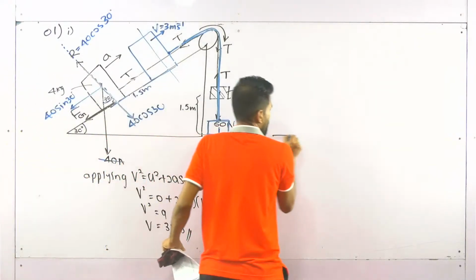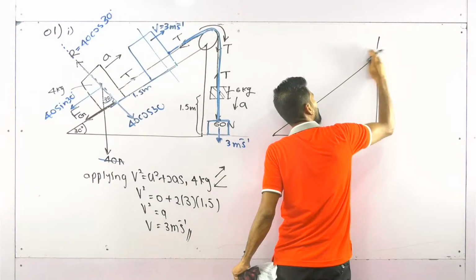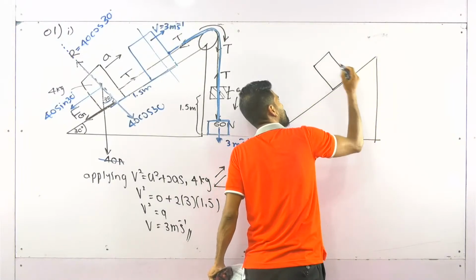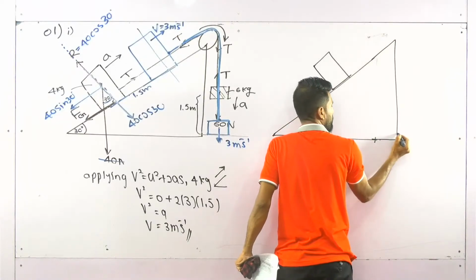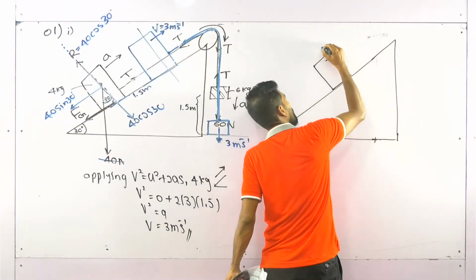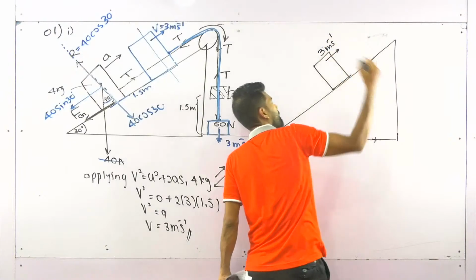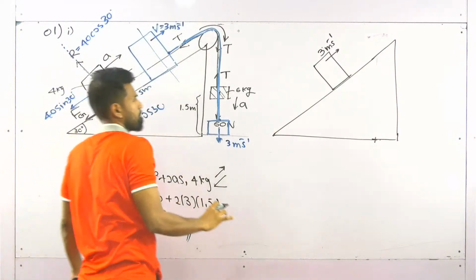Now, I will draw the next condition. Now, this 4 kg mass has a velocity of 3 meters per second due to the previous common acceleration when it was going up.